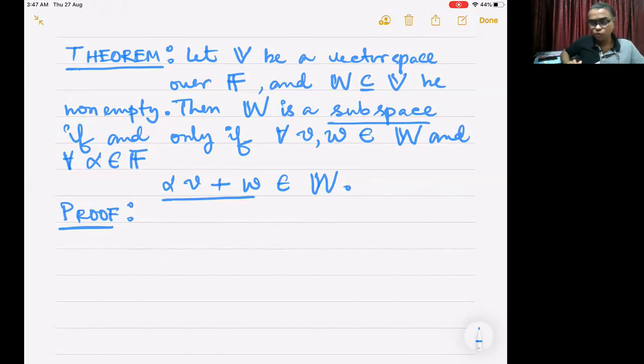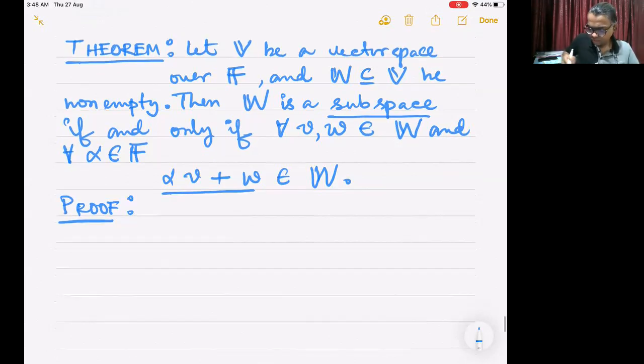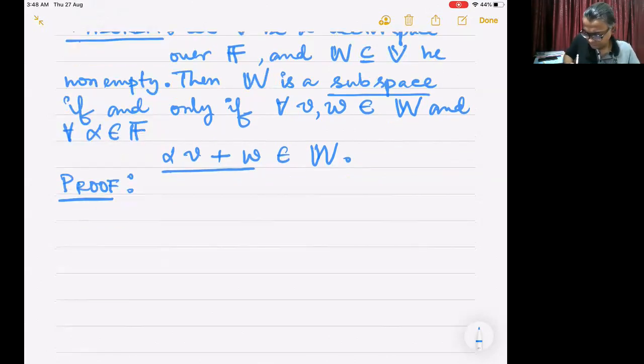Now, notice that this is an if and only if statement. So I have to prove both directions. Let me first prove the only if part, because that is the easier part.